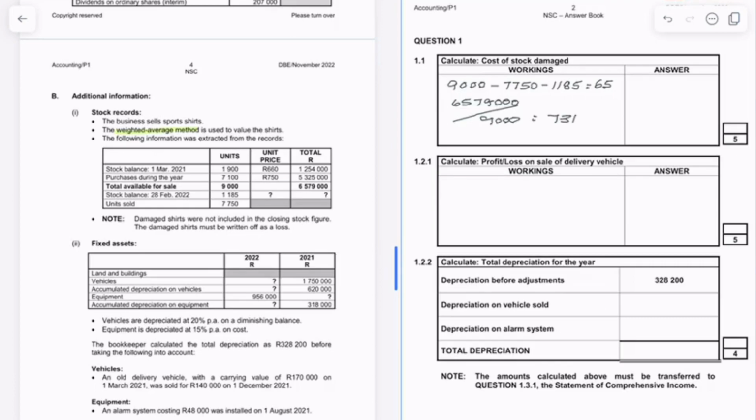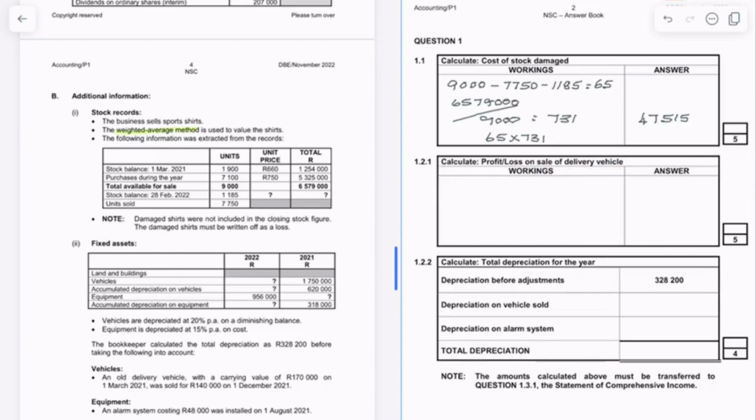Therefore, the value of your damaged shirts will be 65 shirts multiplied by 731, and your answer is 47,515. 5 marks there.